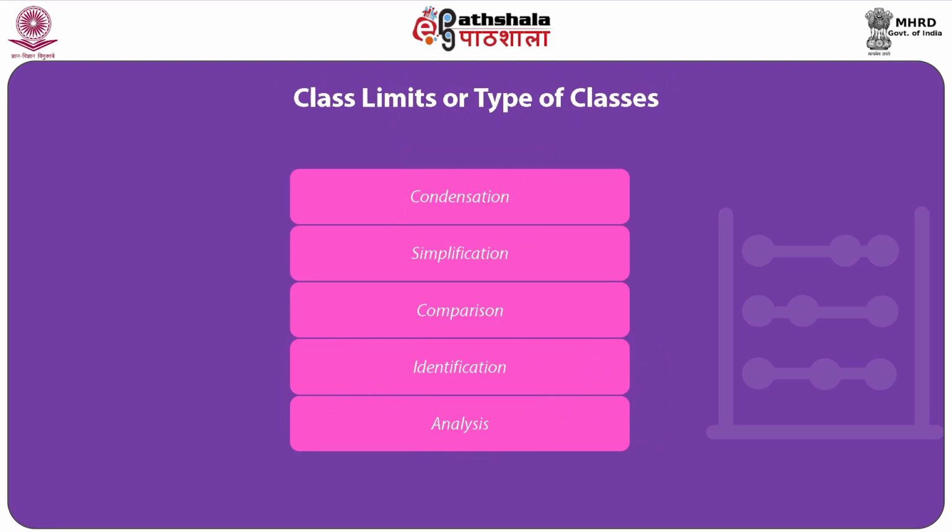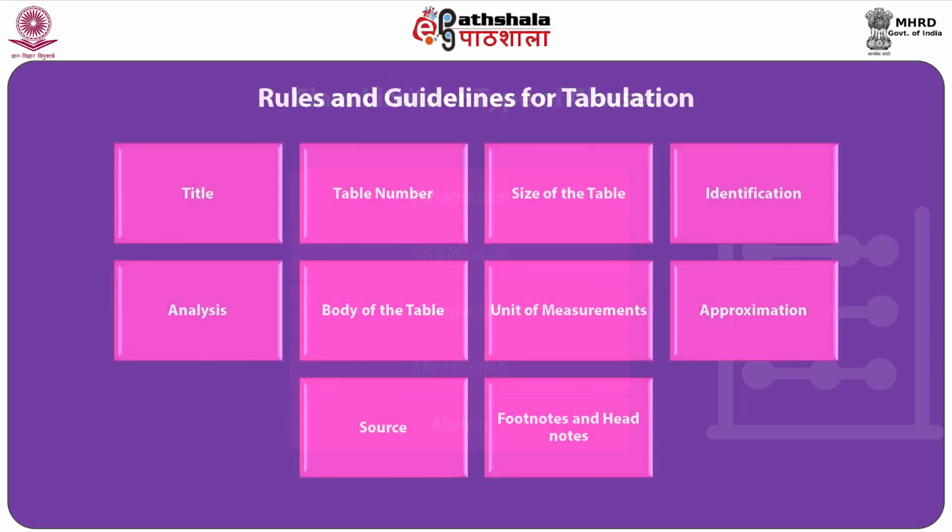Next one is identification, that is, to give distinct identity of data highlighting its name, similarities and the dissimilarities existing in the data. And lastly, analysis, that is, as noted in the case of classification, the tabulation also forms the basis for analysis.